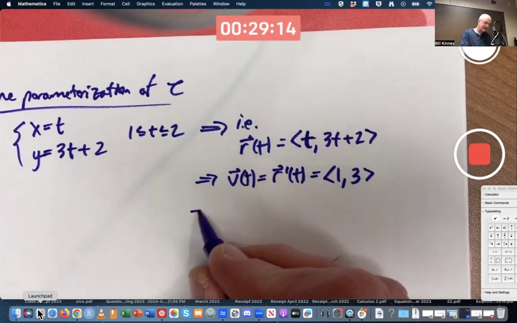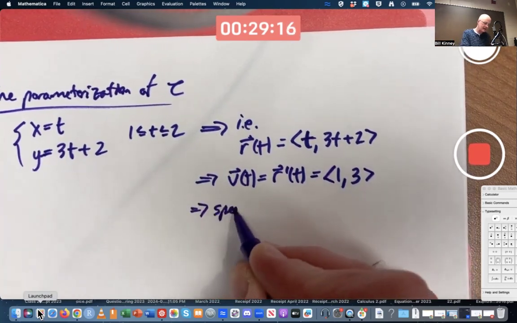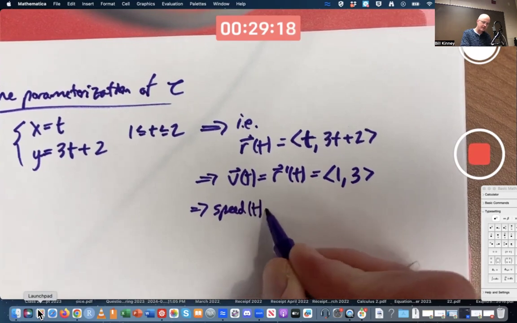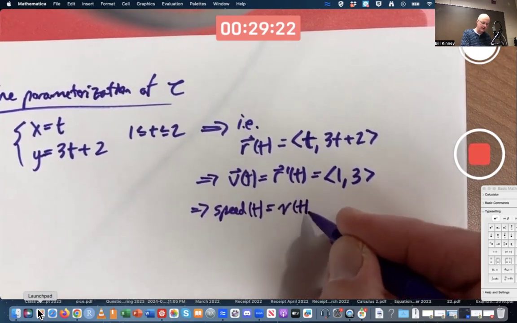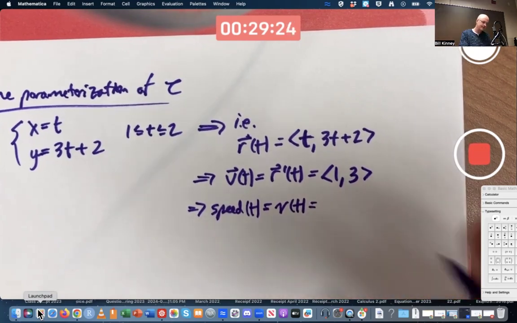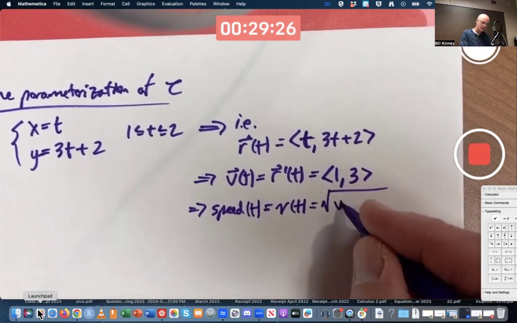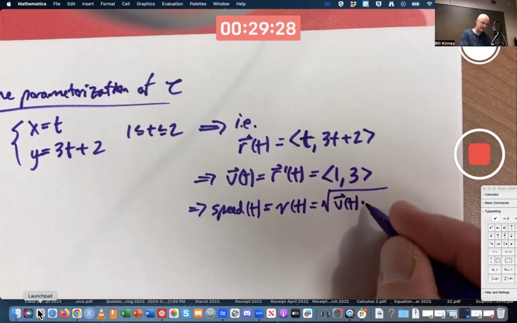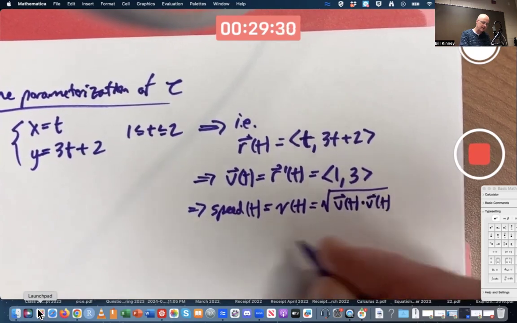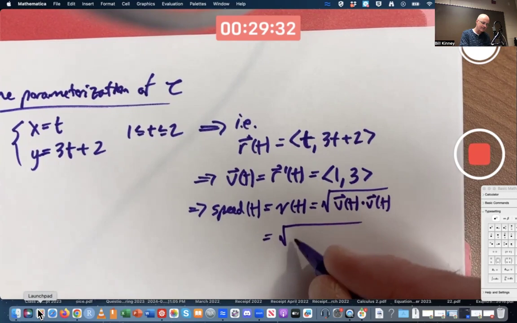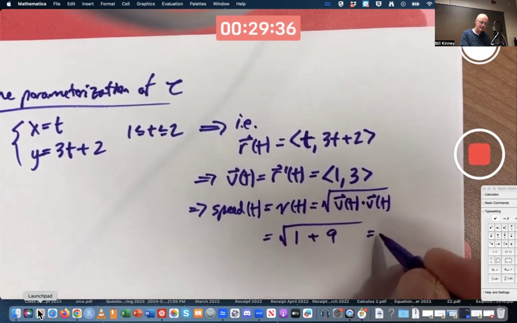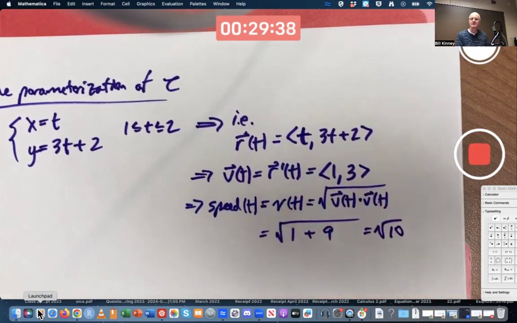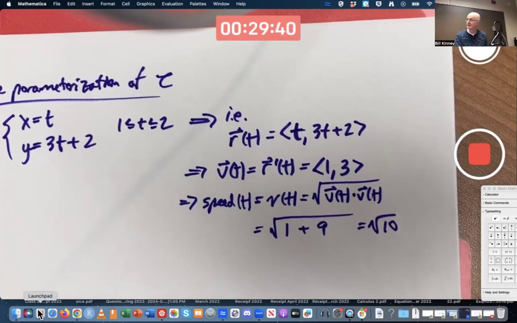That also implies the speed as a function of t, which I could also use the shorthand notation cursive v of t, is constant. It's the square root of the velocity vector dotted with itself, just to remind you of some things we did in the past. It's square root of 10, in fact. It's constant, it doesn't depend on t.